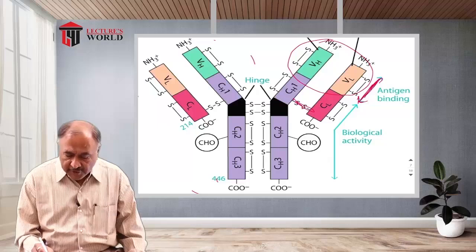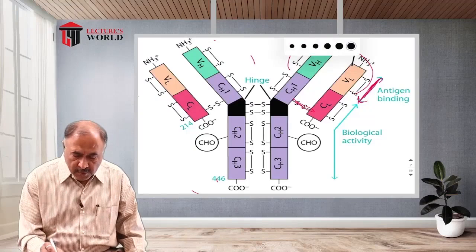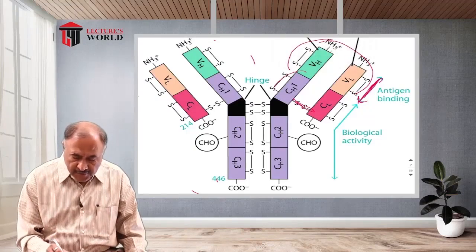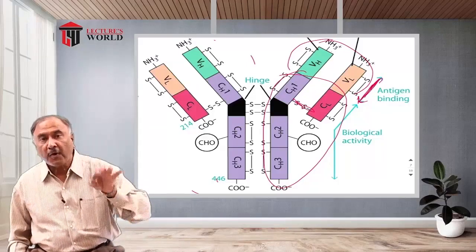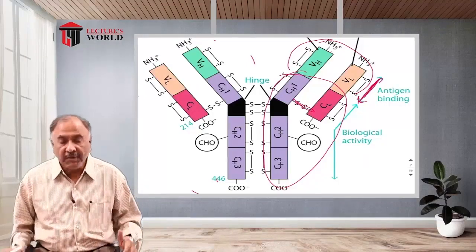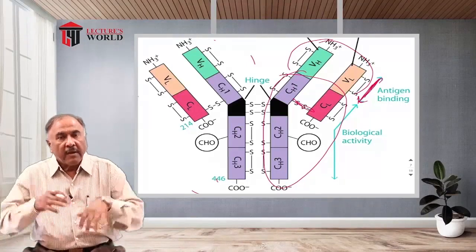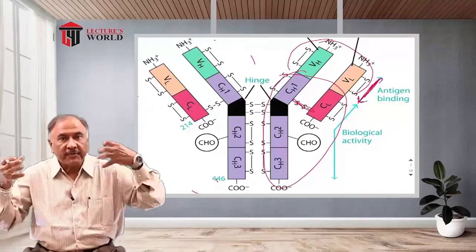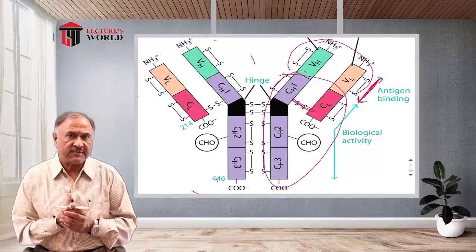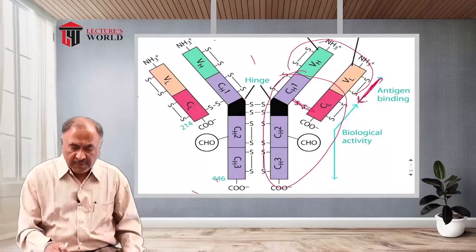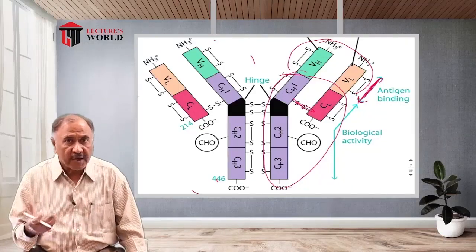While this portion, the one which I am showing you here, this one, is responsible for its biological activity. Means when this antigen binding region searches and binds with the specific immunogen, then there will be certain signals sent to this biological activity, and it will give certain reactions, biological activity.